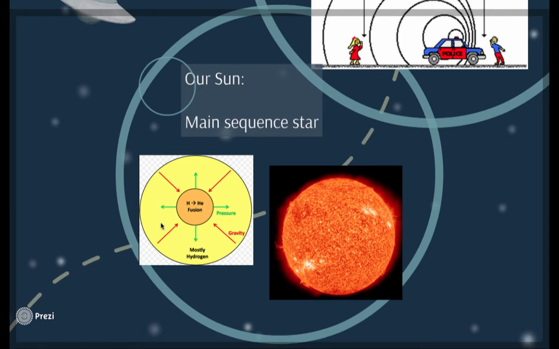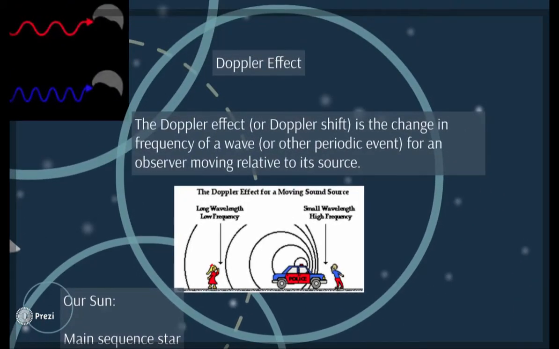We're going to shift gears here for a moment, and we're going to look at another property of light, or actually just of waves in general, and that's a topic known as the Doppler effect. So if you recall from some of our activities that we did in class, we noticed a scenario called the Doppler effect or the Doppler shift, and this is where the frequency of a wave changes for an observer that is moving relative to the source.